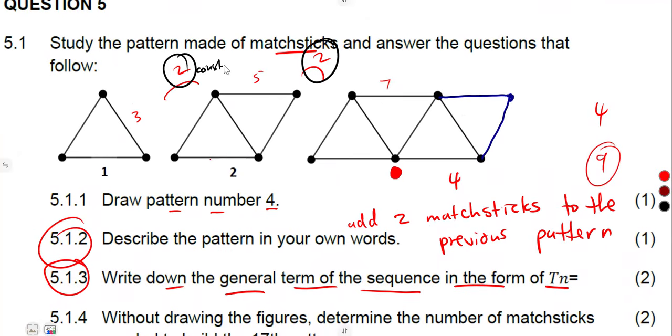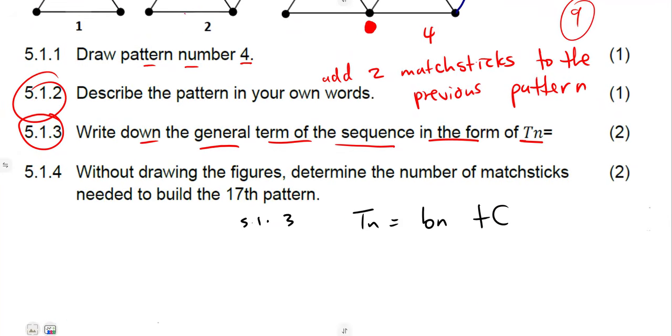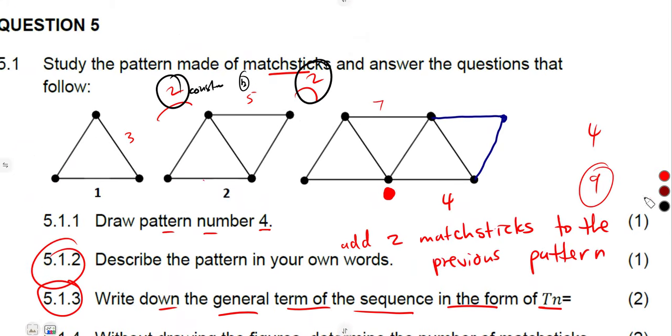That's our constant difference, which represents our B. So we're going to substitute 2. So that's Tn is equal to 2n plus C. To find C, we can use any of the terms. The first term corresponds to what? 3 sticks, 3 matchsticks. So it means T1 is equal to 3. The second term corresponds to what? To 5. T2 is equal to 5. The third one to 7. T3 is equal to 7.